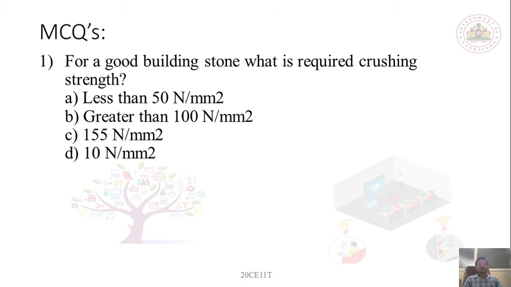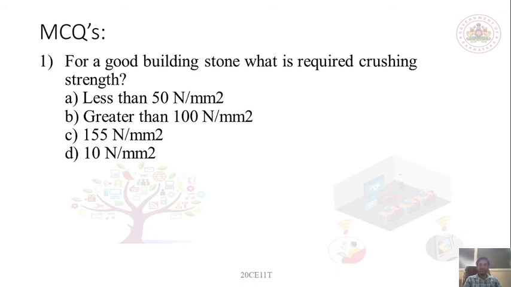In answering a multiple choice question, you should be able to omit the wrong answers so that the right answer will be left at the last. Let us come from the bottom. 10 Newton per mm square, is this the answer? No, because 10 Newton per mm square is a very low strength. Stones will have a strength between 60 to 200 Newton per mm square.